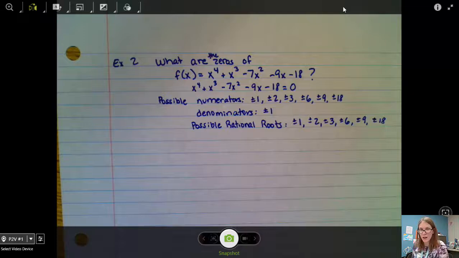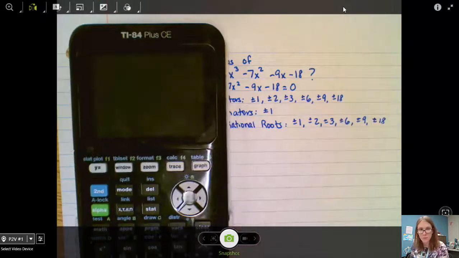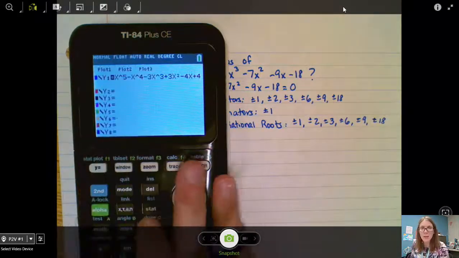Okay. So we go to our calculator again. Go back to y equals and type our equation in.